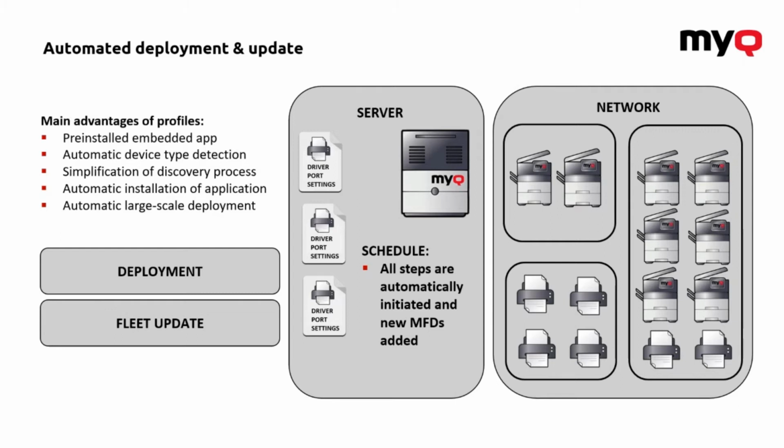The last thing this can be used for is an update of settings. In case something is changed, for example, instead of simple authentication, you would like to enforce two-factor authentication, you will just change it in the profile, and the system will just do it based on the scheduled task and update your machines.